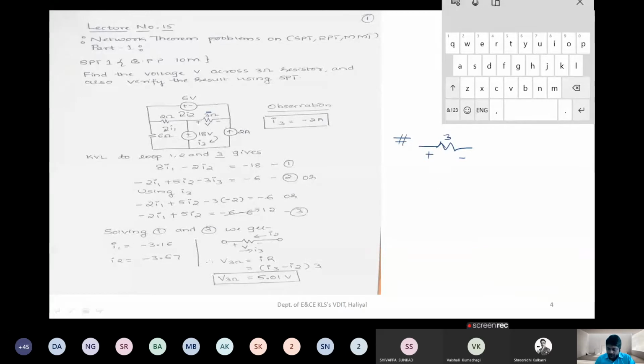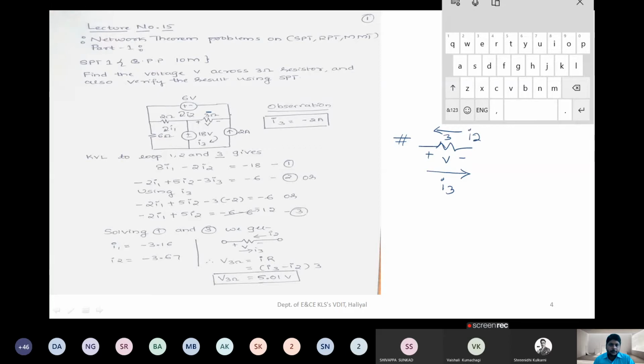So first make an observation. What could be the definition of voltage across the 3 ohm resistor? Plus and minus are already mentioned. According to passive sign convention, current will flow from higher potential to lower potential. Here you have current I3, and another current I2.